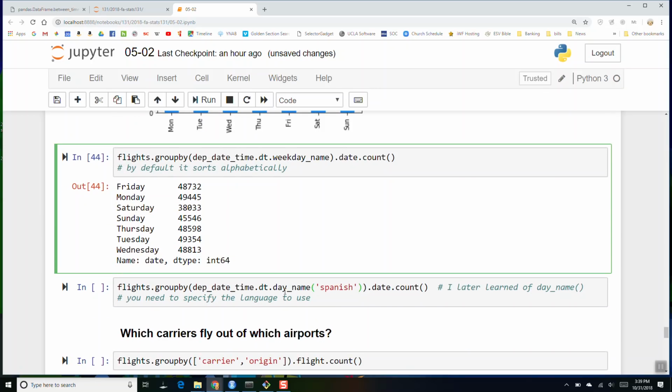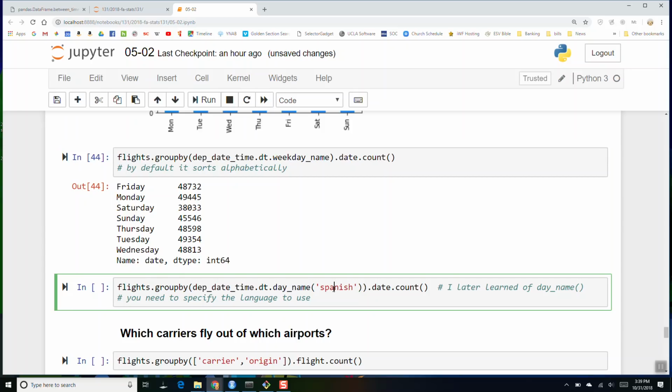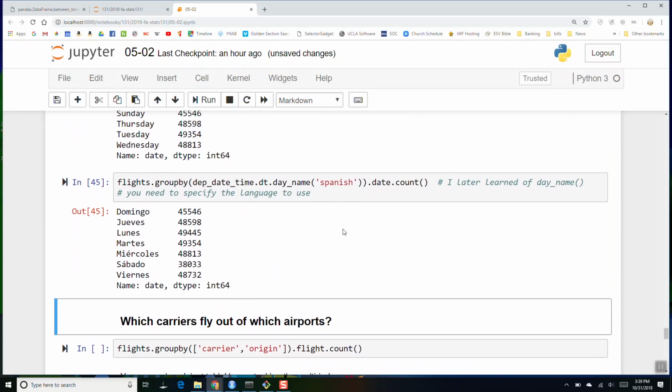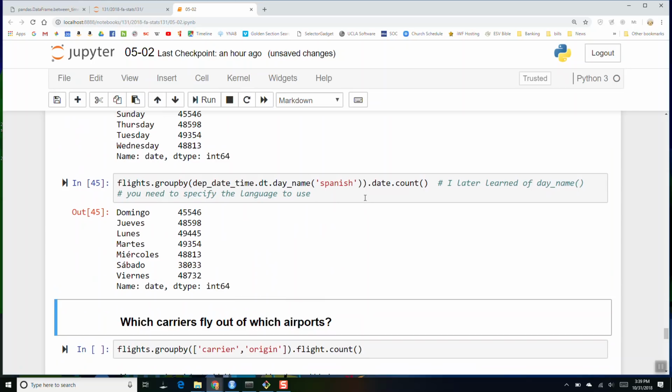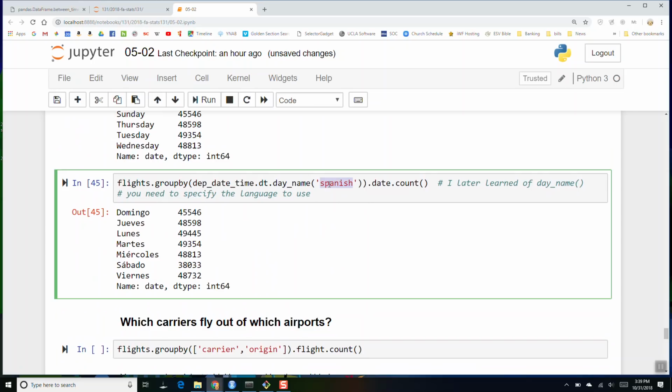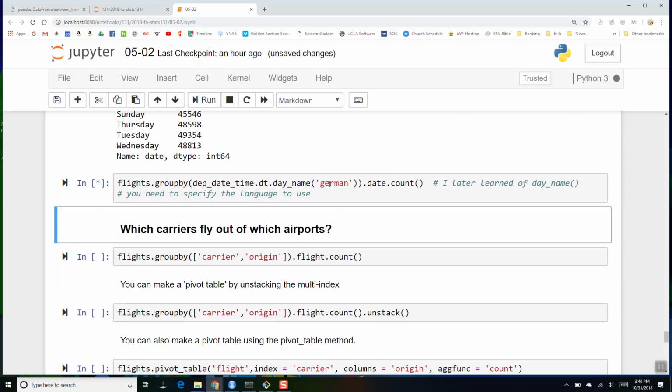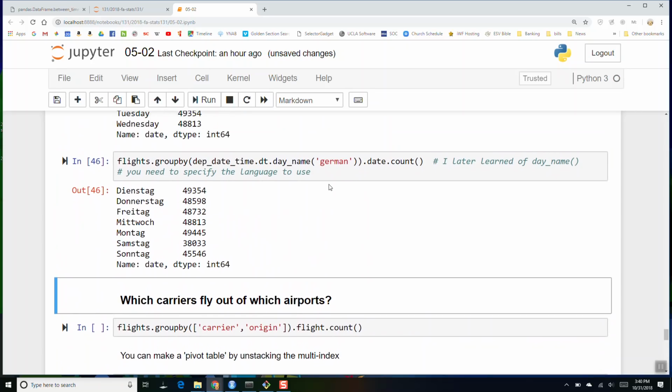Okay, and then there's the other thing. Instead of weekday name, you can call day name, and you can specify the language that you want. All right, and so now we get, but they also show up in alphabetical order. So we have what you learned in your high school Spanish class, or Dienstag and Donnerstag.